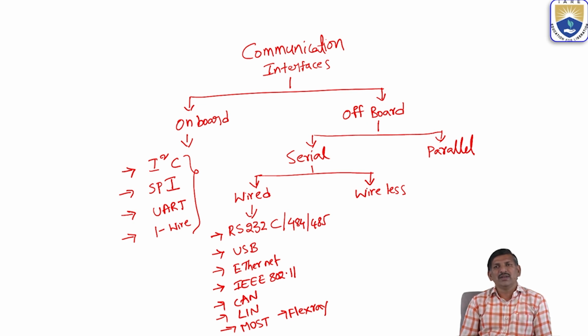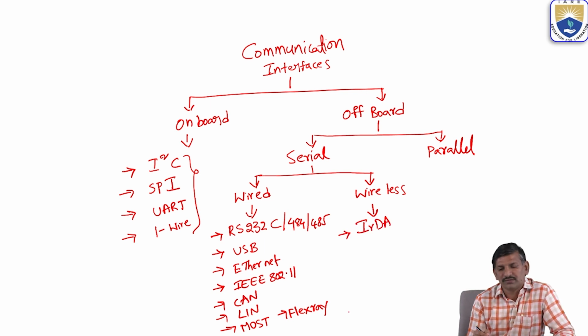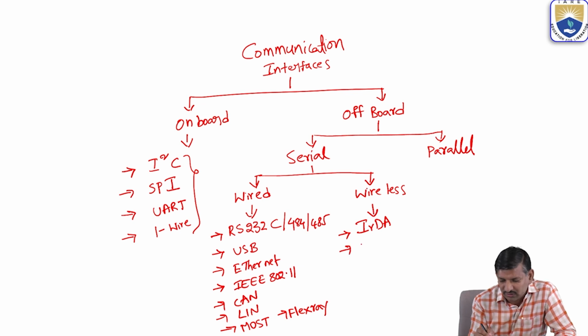among various peripherals. Next, coming to the wireless communication peripherals. In the beginning days, we used infrared communication in TV remotes. Next, Bluetooth. Next, Wi-Fi. Next, Zigbee.